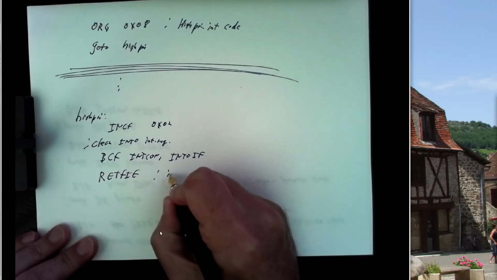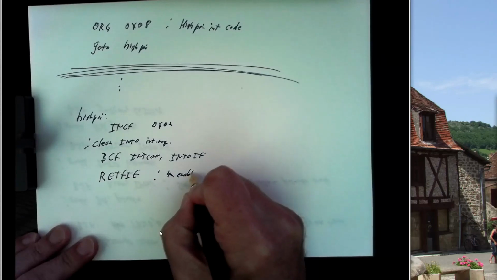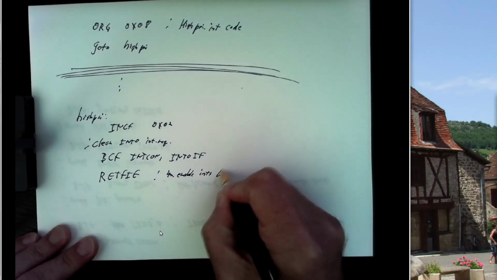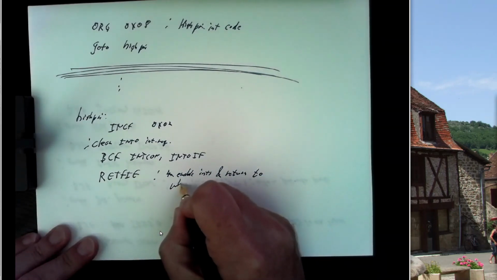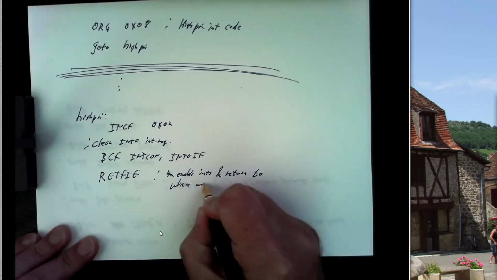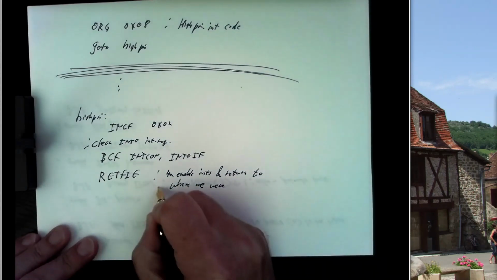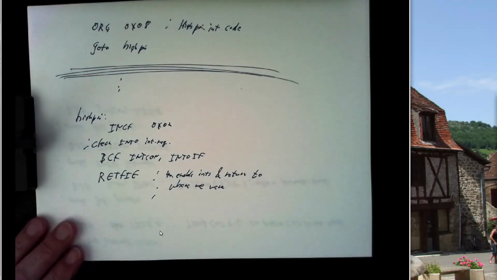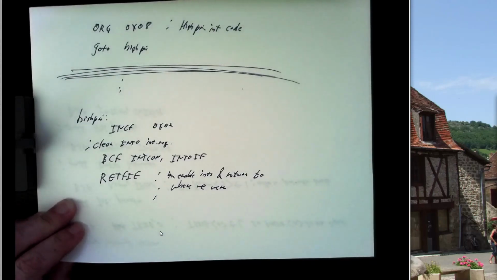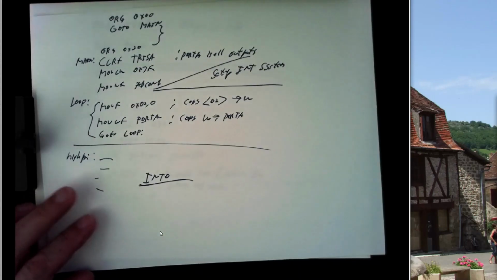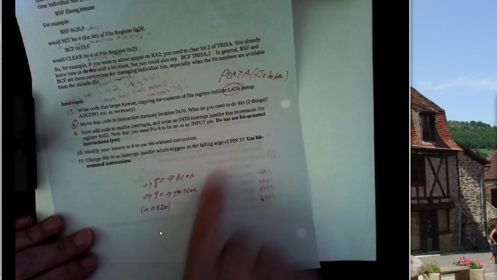This says enable interrupts and return to where we were. And so that's our whole interrupt handler. So those are the pieces that go together into these last few questions.